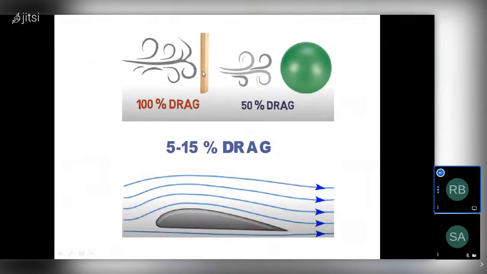If we keep a flat plate like this, a rectangular based plate, and send any flow, then of course this complete part will resist the flow, where 50% will resist and 50% of the air will flow easily. But in this case, the drag will be only 5 to 15%, and air will flow smoothly over the upper surface and lower surface, which means there will not be much drag in this aerofoil kind of shape. That's why maximum all the aero components are designed in this kind of shape, that is the aerofoil shape.